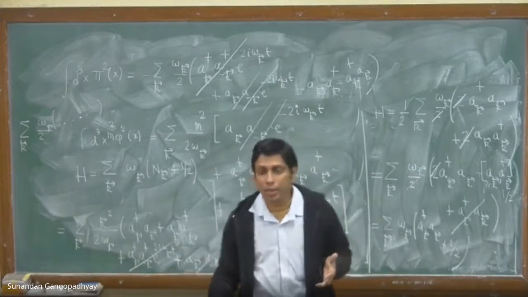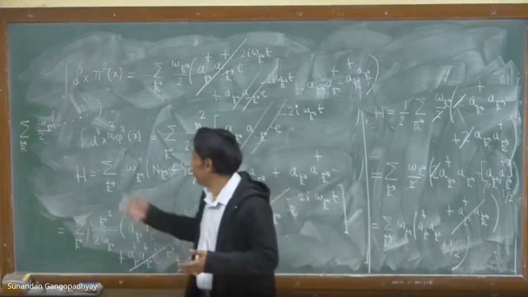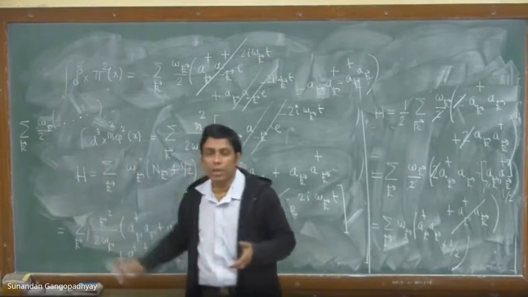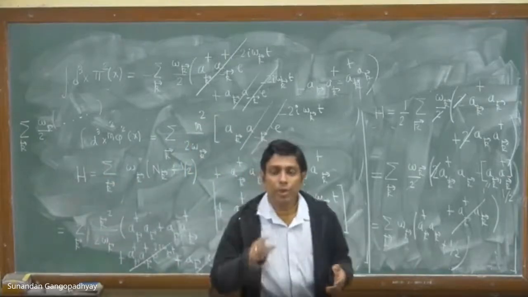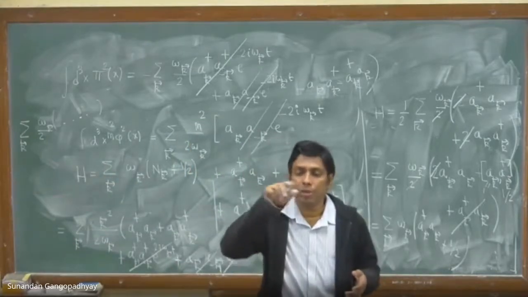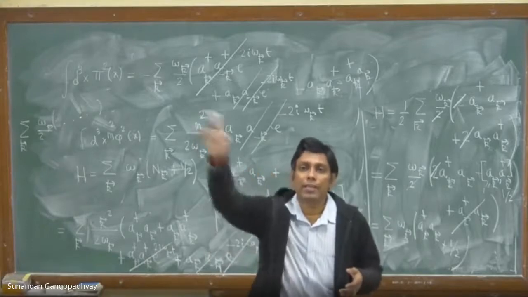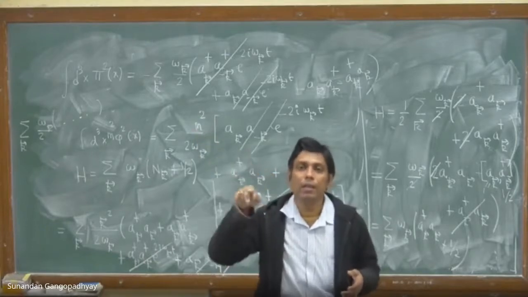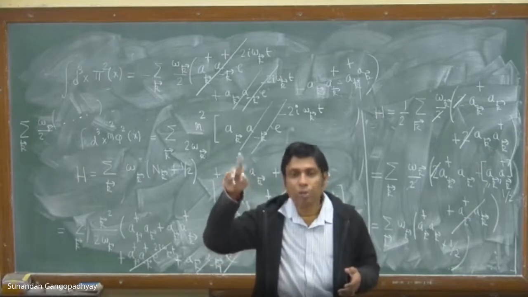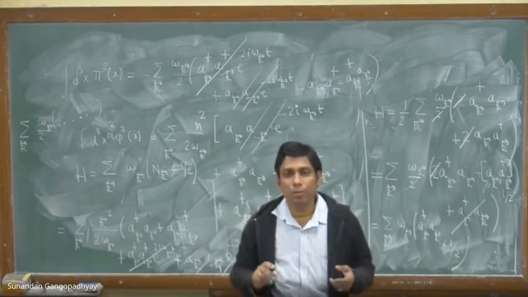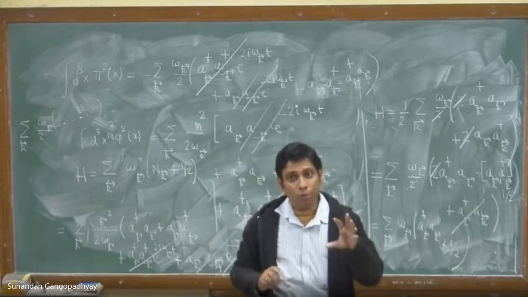It's not that difficult. In the continuum case, you just replace the summation over k. You remember, I told you that in the continuum case, the summation over k, 1 by V, gets replaced by the integral over d cubed k divided by 2 pi whole cubed. But there is a volume V factor.